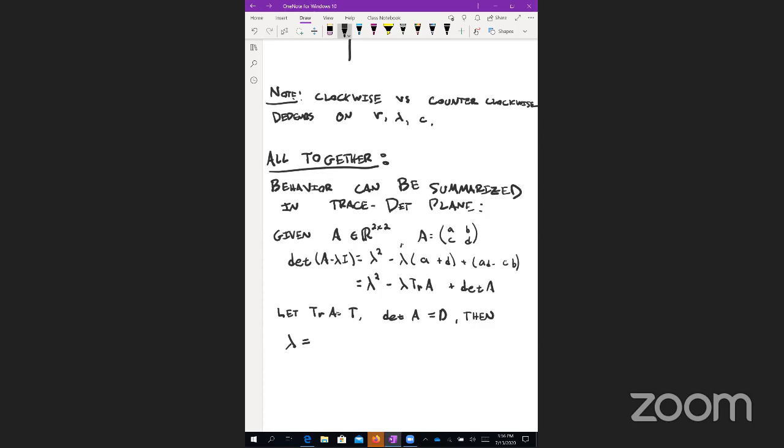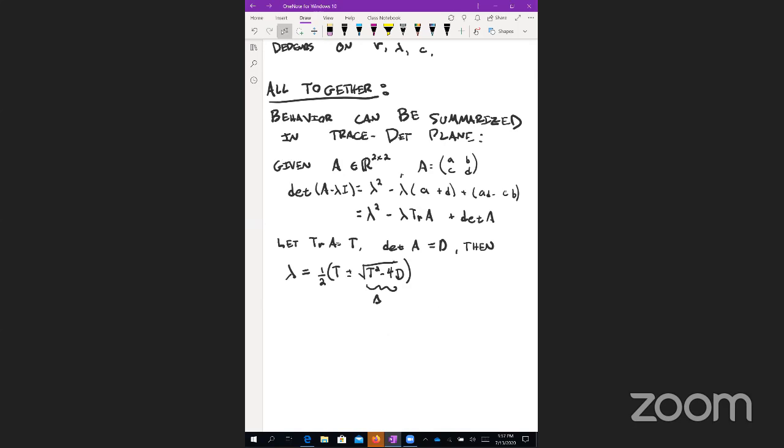Then we can solve this as lambda equals 1/2 times T plus or minus the square root of T squared minus 4D, where we sometimes call this delta.